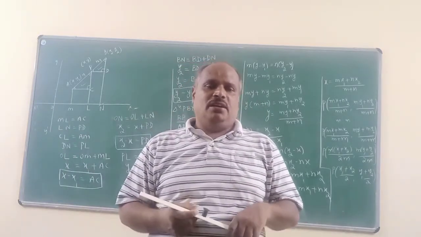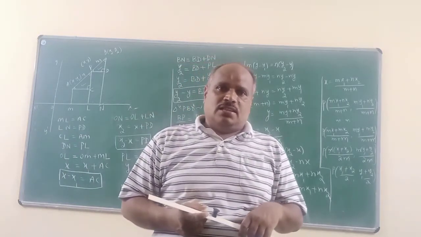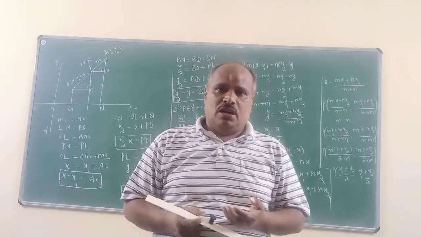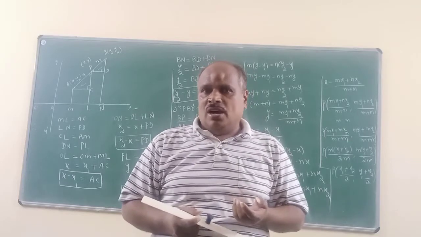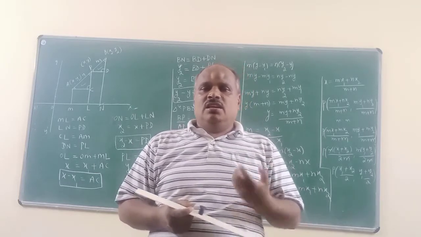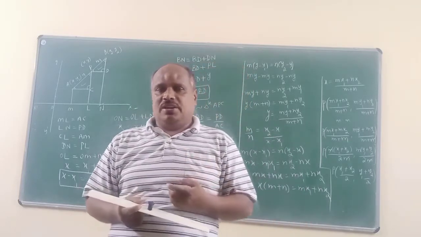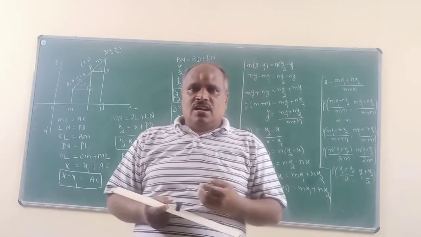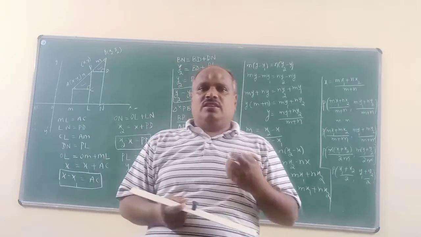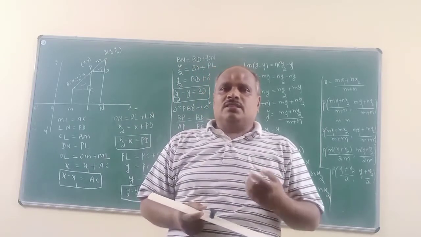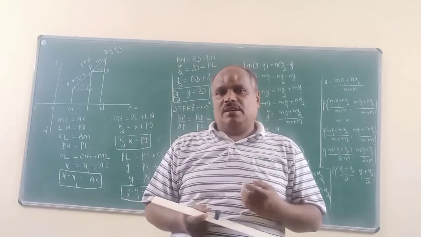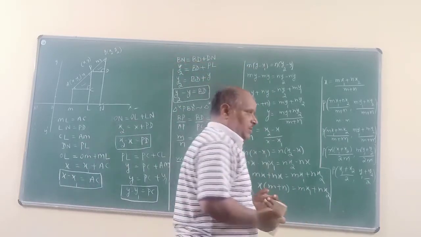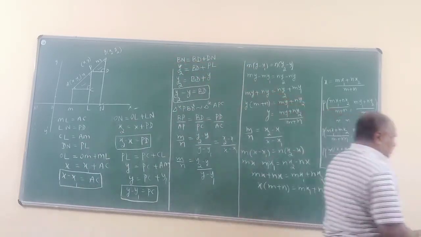If P divides AB internally in the same ratio, the internal section formula becomes the midpoint formula. That formula says (x1 plus x2) divided by 2, (y1 plus y2) divided by 2. It means the sum of the abscissae divided by 2 and the sum of the ordinates divided by 2, what we call the section formula, the midpoint formula.